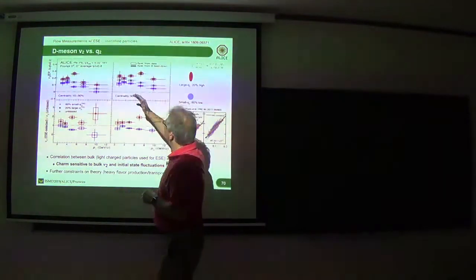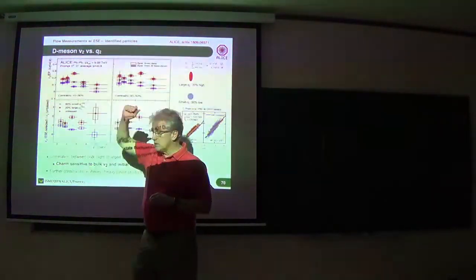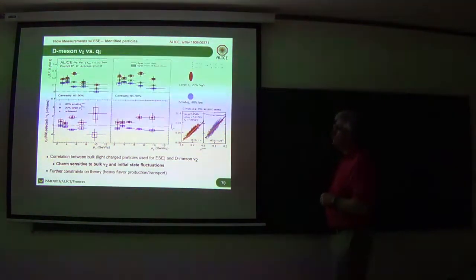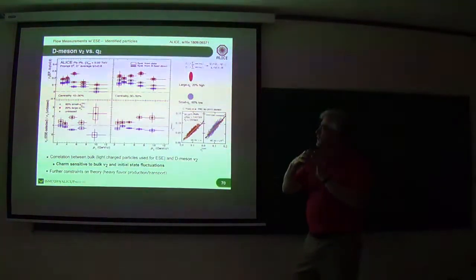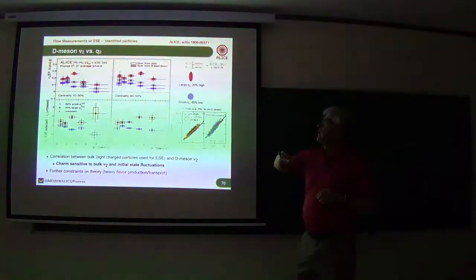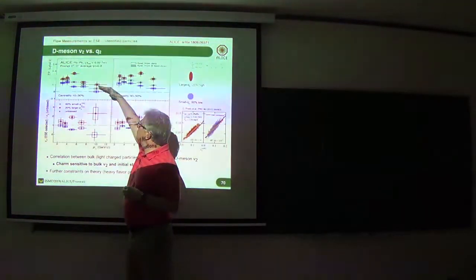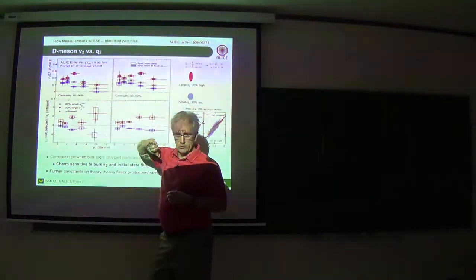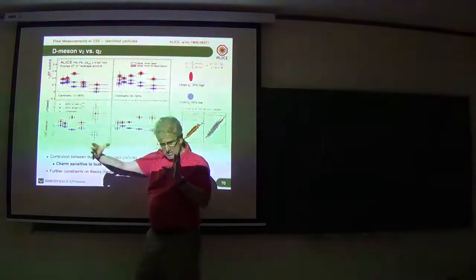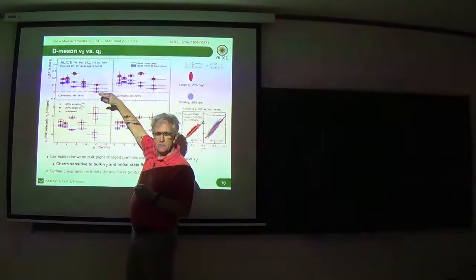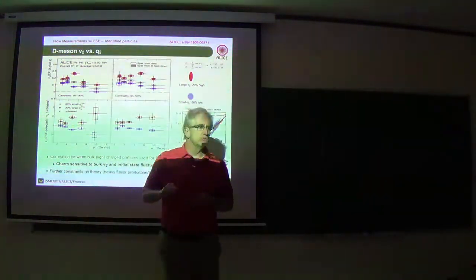The red points, again, are the top class of Q2, so you're looking at a deformed system, and you see that when you have such a deformed system, the V2 of the D meson is larger, and when you look at a less deformed system, the blue points, you see that the D mesons have smaller V2.